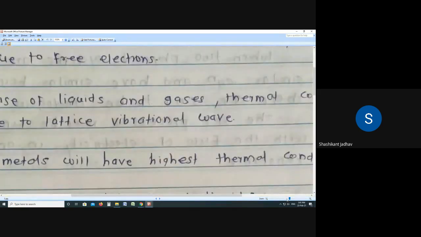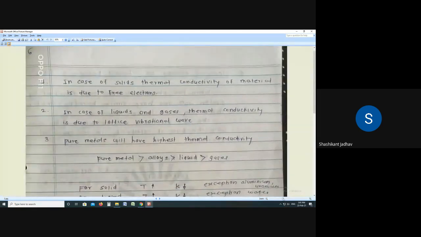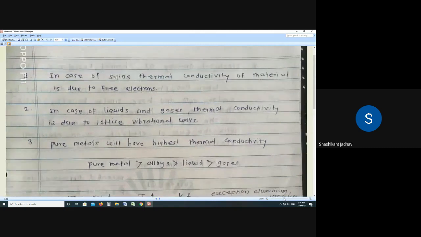So write down, in case of solids, thermal conductivity of material is due to free electrons. In solids, thermal conductivity is because of what? Free electrons.